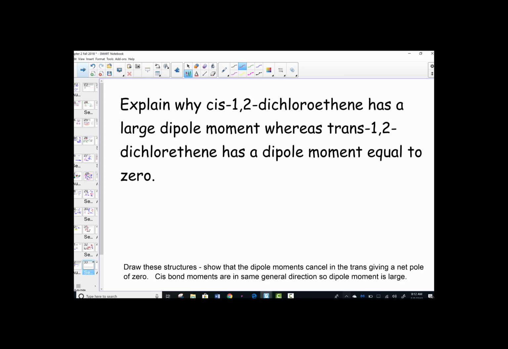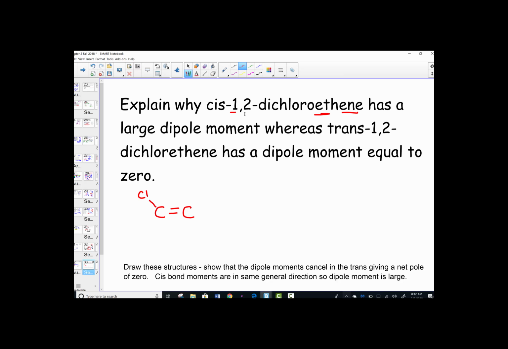Let's take a look at cis-1,2-dichloroethene. Okay, let's stop there. Chloroethene, all right, ene, double bond. Eth means 2 carbons. I'm going to start with a carbon double bond carbon backbone. That's the ethene. On carbon number 1, there's a chloro.